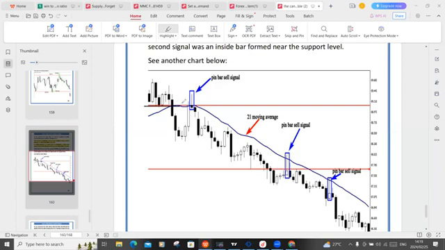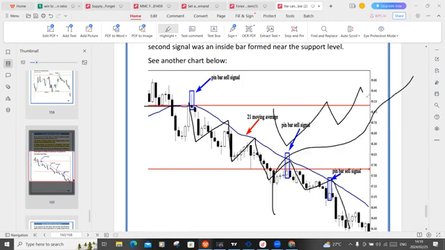A person once asked me to please elaborate on moving averages, so I'll give you another note here. No matter what moving average you're using, if price is trading below your moving average, it means it's a downtrend. If it was like this and the price is trading above, it means it's an uptrend.